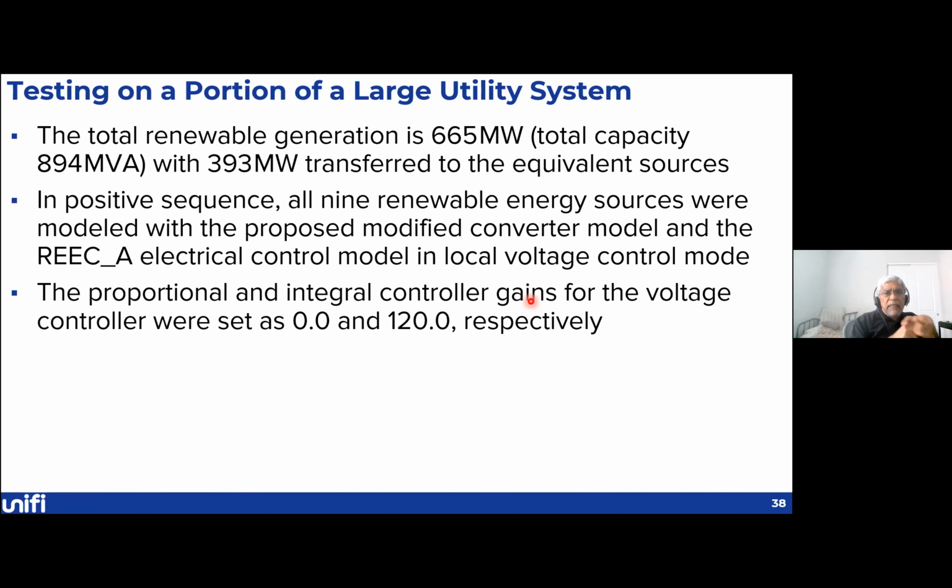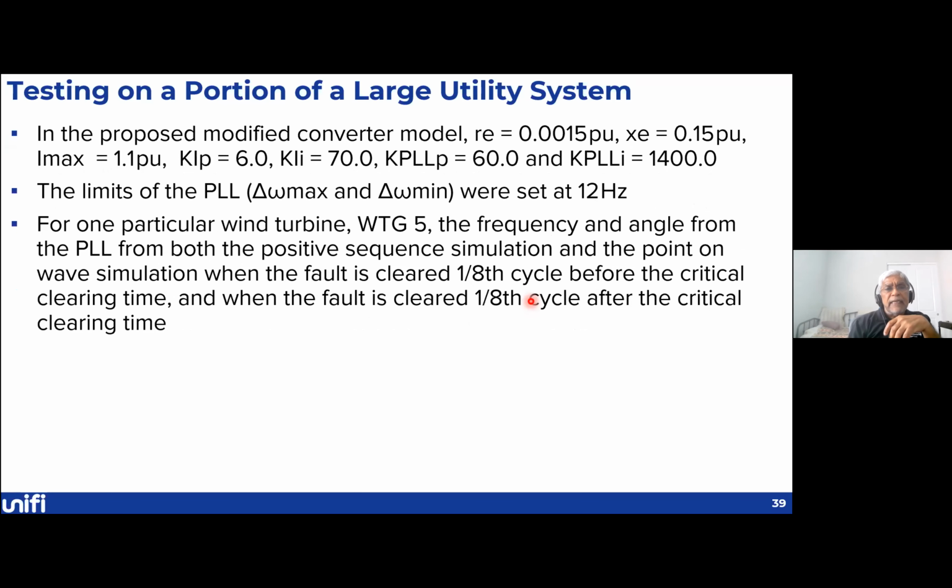Here they model all 9 renewable resources with the RECA electrical control model, which I showed you earlier, and I've given you some typical data that they use.